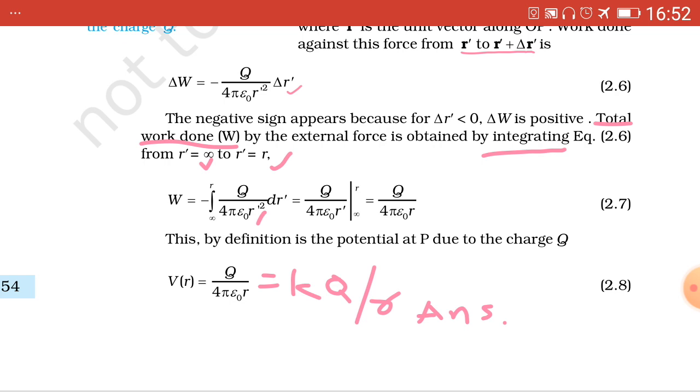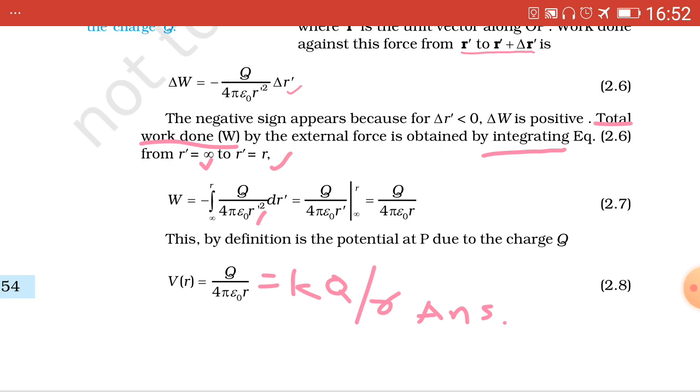So the integral of r dash raised to minus 2 dr dash equals r dash raised to minus 2 plus 1 upon minus 2 plus 1, power added upon 1, so r dash raised to minus 1 upon minus 1.